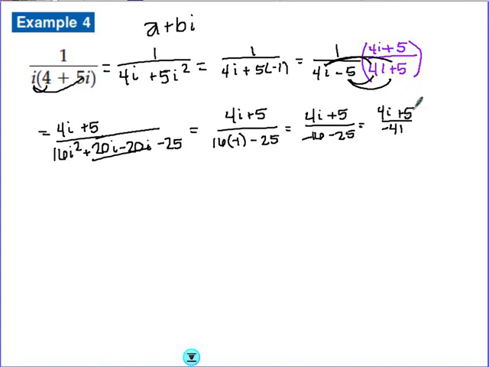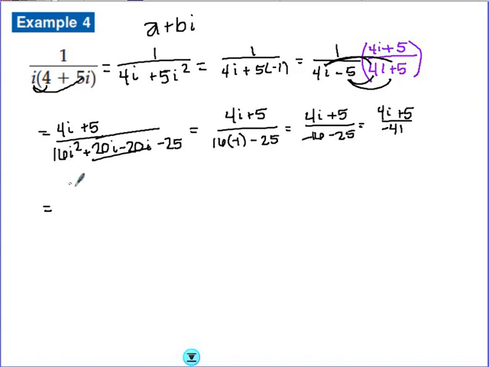I do want to separate this, though, to become something like this standard form. Keep in mind you can only separate fractions like this when you have one single term in the denominator. So if I had something like this fraction up here, I wouldn't be able to split it up into two fractions. So be careful with those properties of fractions.